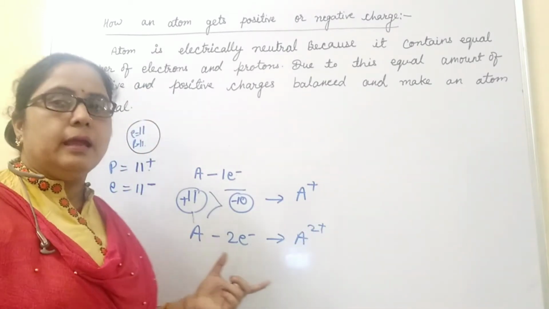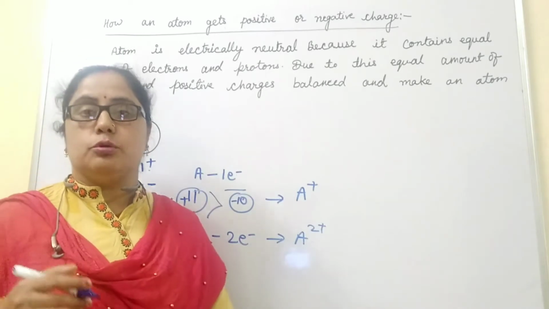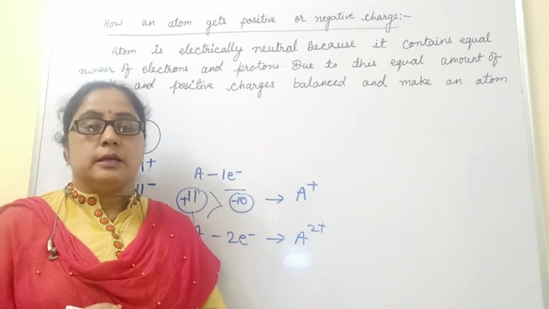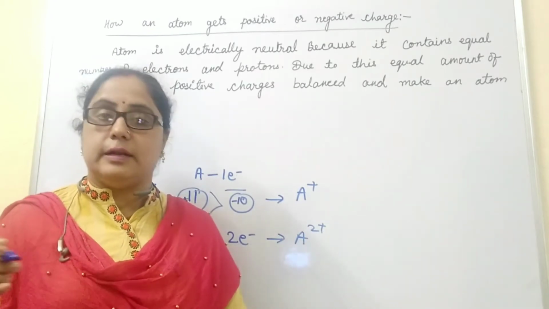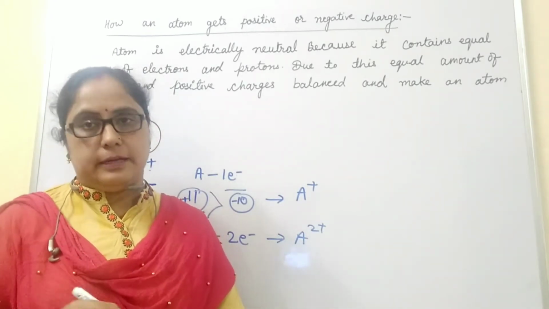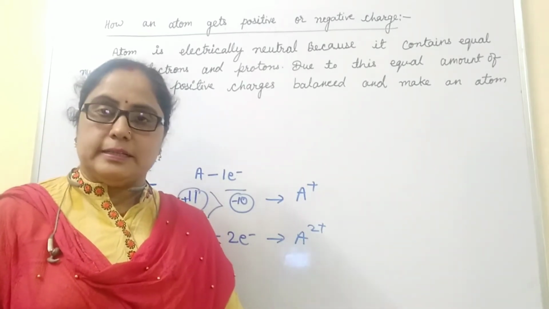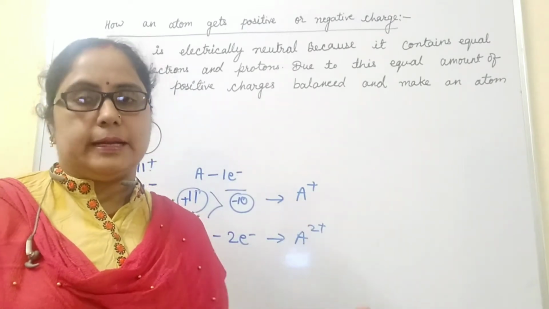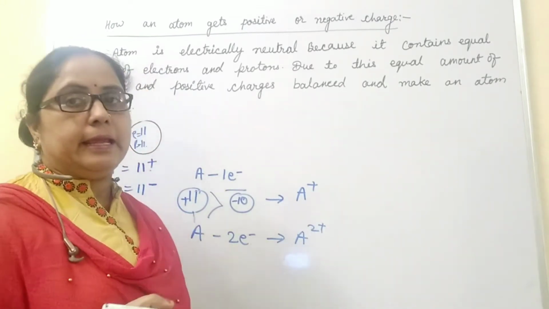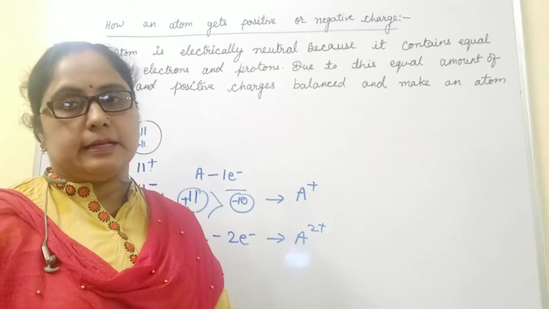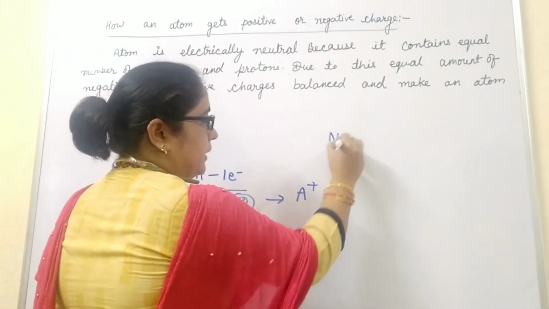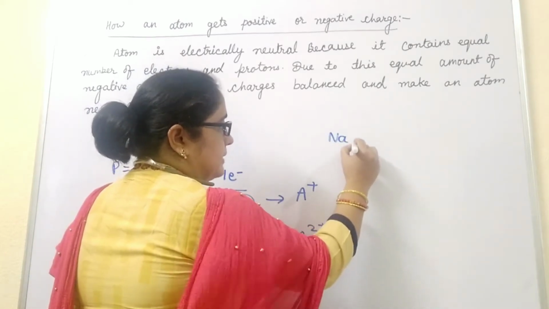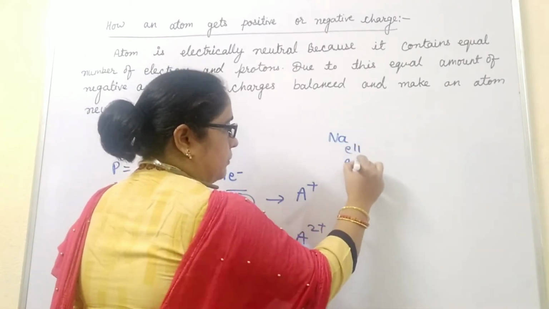Mostly metals have the tendency to lose electrons because they carry 1, 2 or 3 electrons in their last shell. This we will discuss in the next chapter in detail. So metals have the tendency to lose electrons, and so they carry 1, 2 or 3 charges. For example, sodium metal contains 11 electrons and 11 protons.